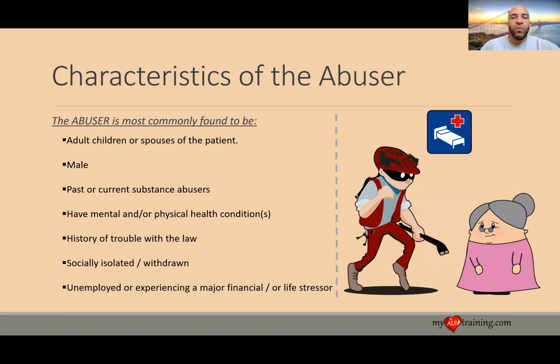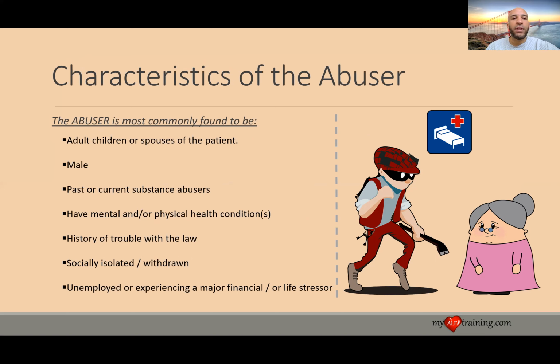So we know that our abusee is likely to be female, low income, African American, diagnosed with dementia, and low social support. So now let's look a bit at what our abuser looks like.